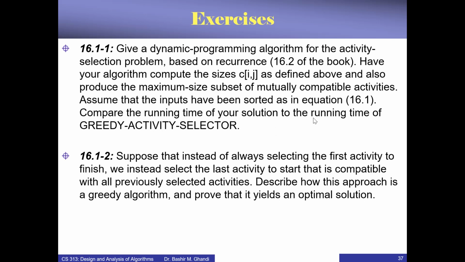And the second and last question is, suppose that instead of always selecting the first activity to finish, we instead select the last activity to start that is compatible with all previously selected activities.